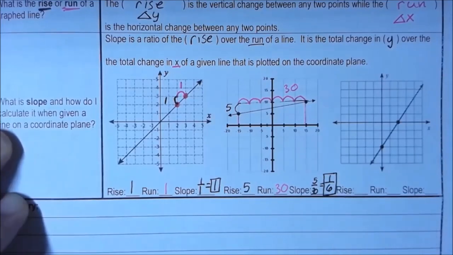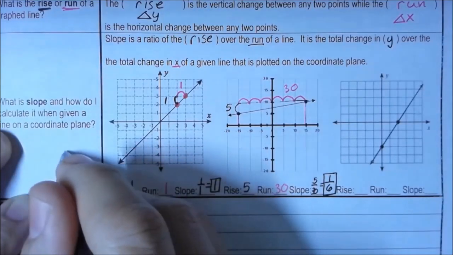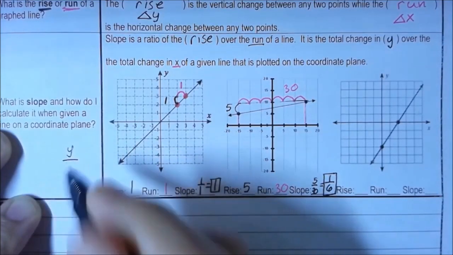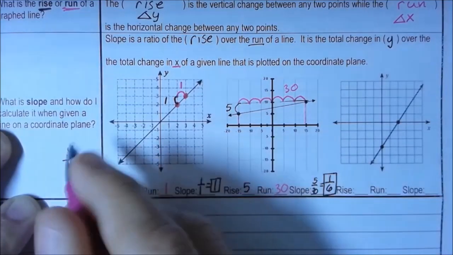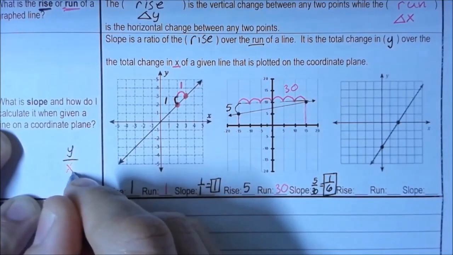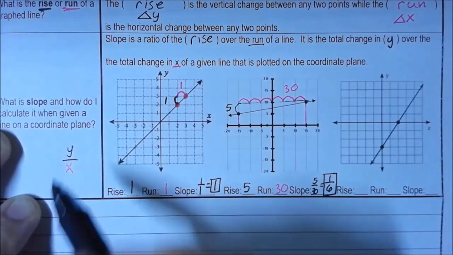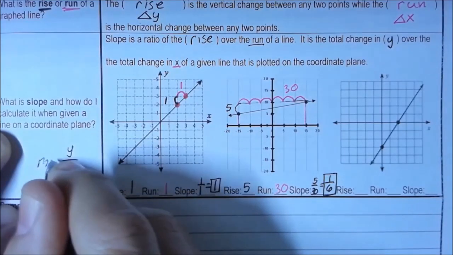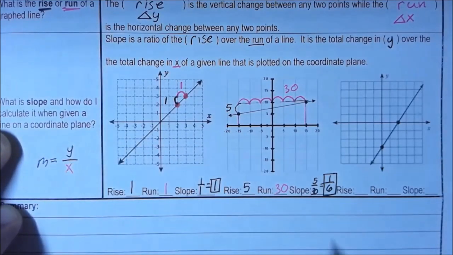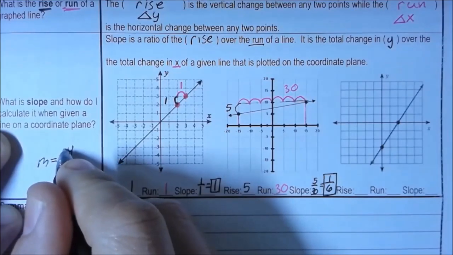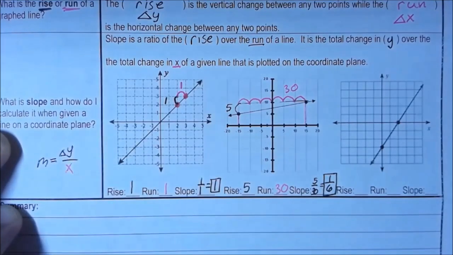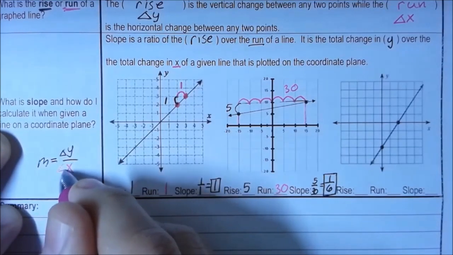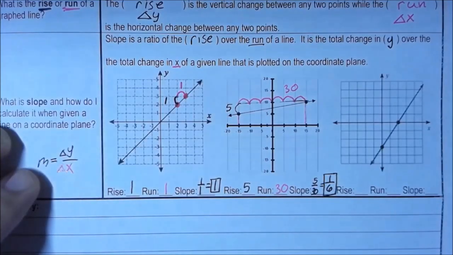What I hope you realize that we're doing right now is we're looking at our change in y over our change in x. Whenever I have my change in y, which is delta y, over my change in x, which is delta x, that gives me slope.